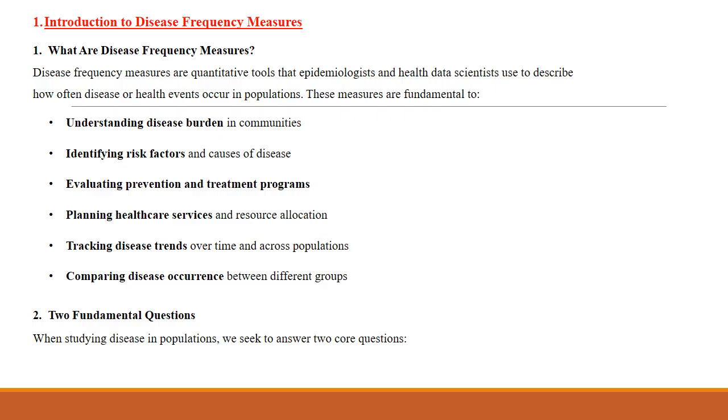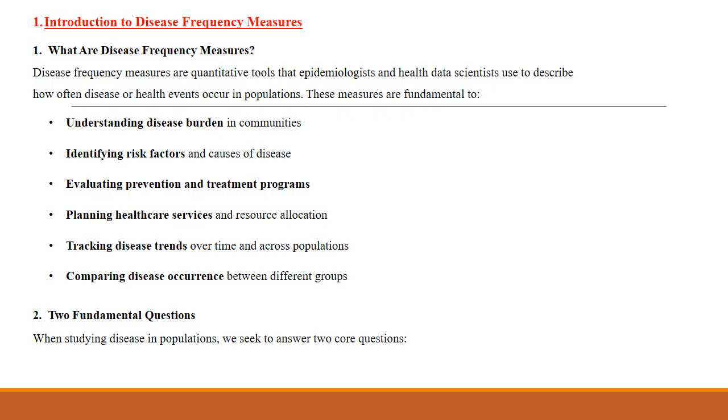Two fundamental questions we will discuss in this topic. Actually, the disease frequency measures are the tools that we use to measure the previous records of diseases and current diseases.